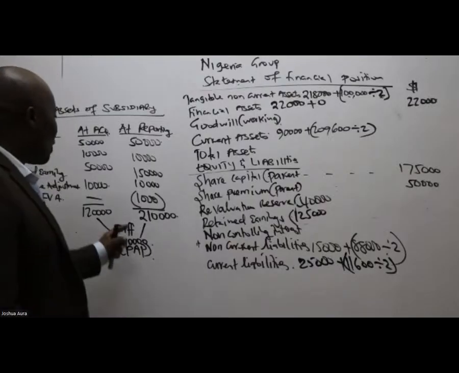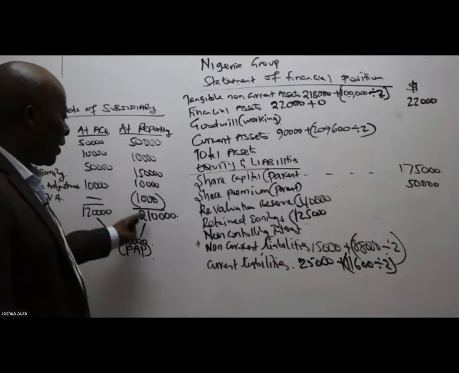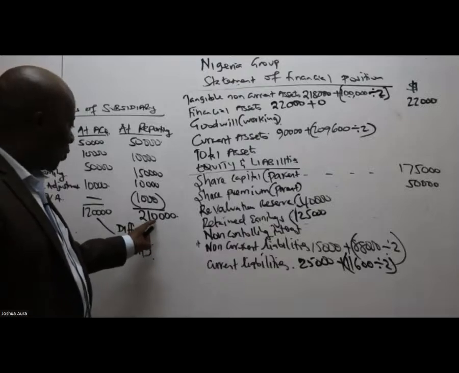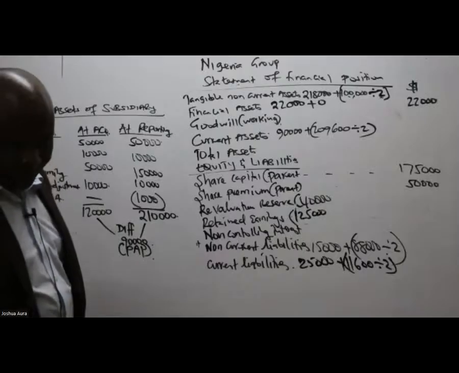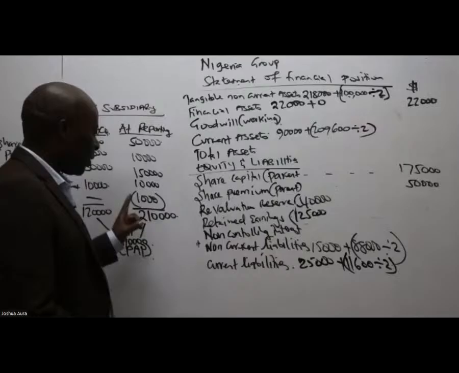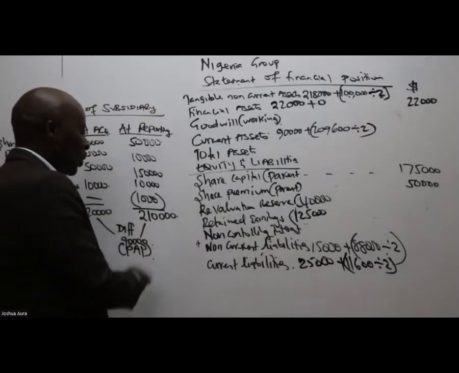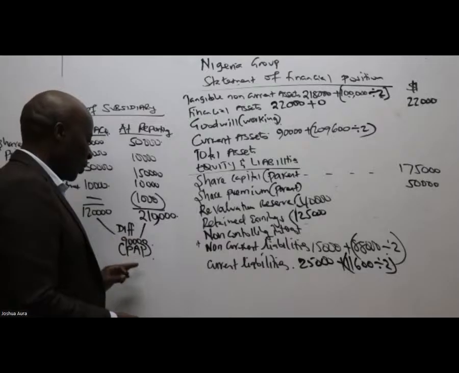So are you sure that you subtracted this thing very nicely, really? Are you sure that this working is okay? It's 219,000. Let's not mess up things because the balance sheet will not balance. It's supposed to be 219,000.